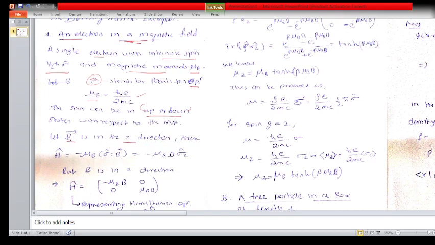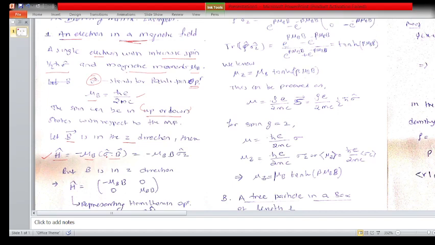Then the total energy of that electron with spin sigma is minus mu B times sigma dot B.